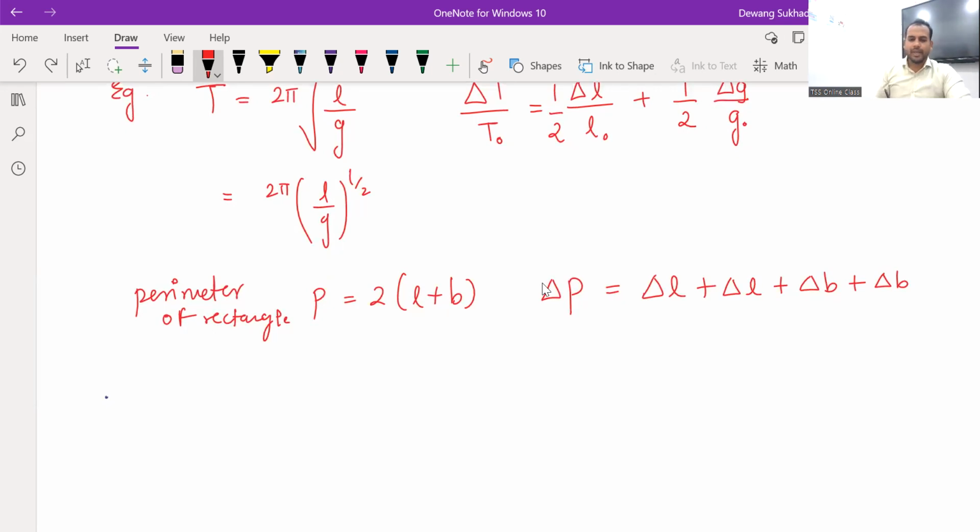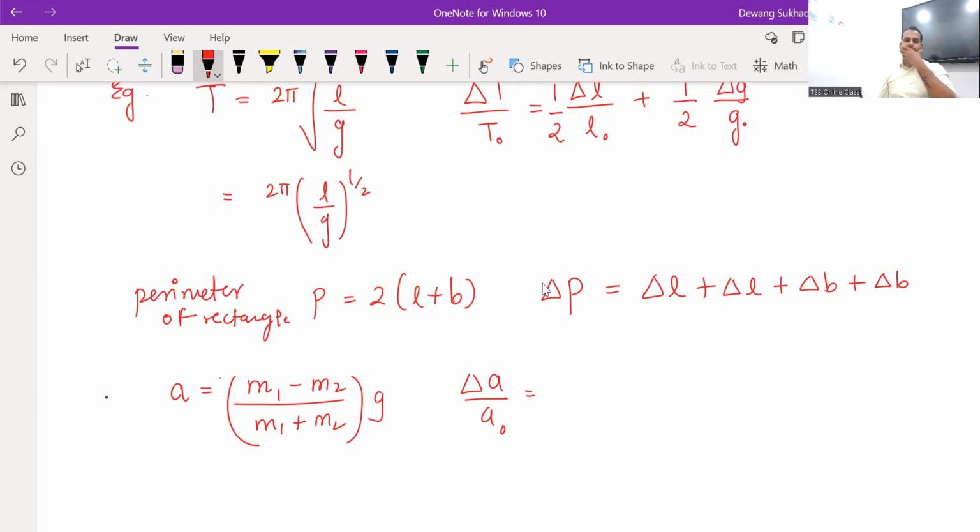Now I will use one more example. So imagine you have acceleration which is given like this, and M1 and M2 are two masses, and G is also acceleration due to gravity, and we are supposed to find acceleration and the uncertainty in it. So first we can find A naught by putting in the actual values in that formula.